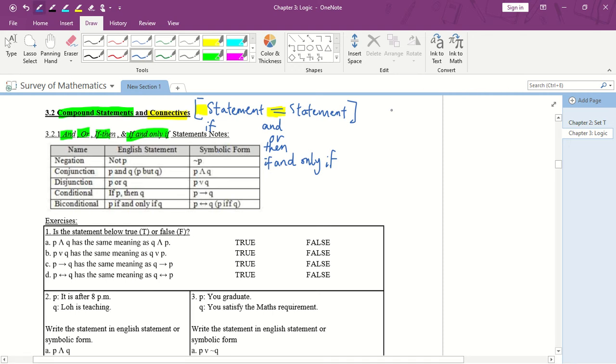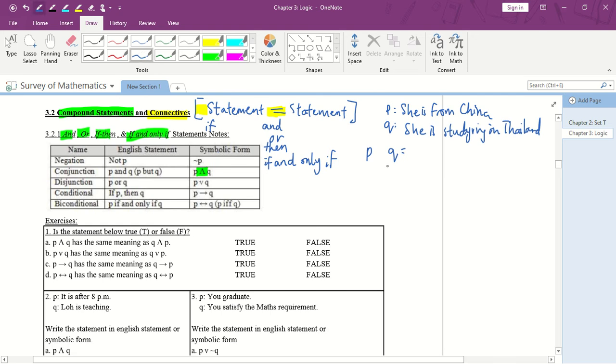Just for an example, I would say P and Q. For example, P: she is from China, and Q: she is studying in Thailand. If I want to combine them, P and Q, using the word and, I will use this symbol, like a mountain.